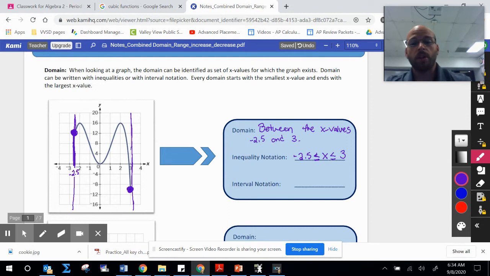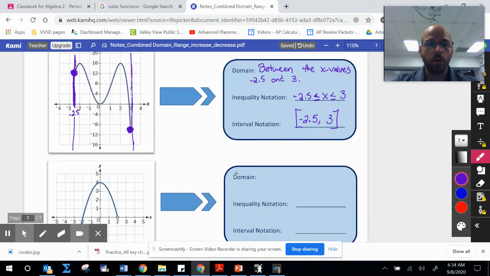Now, there's also something called interval notation, and when they are closed points, we're going to use something called a bracket. And we can go from negative 2.5 to 3 with a closed bracket. Again, we're using brackets because they are closed circles.